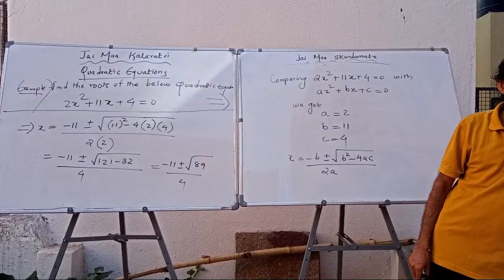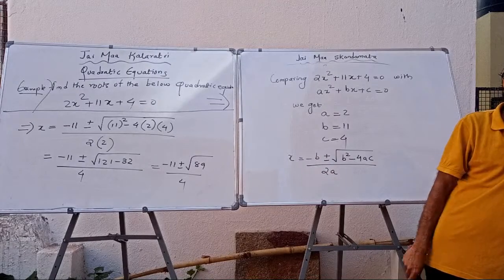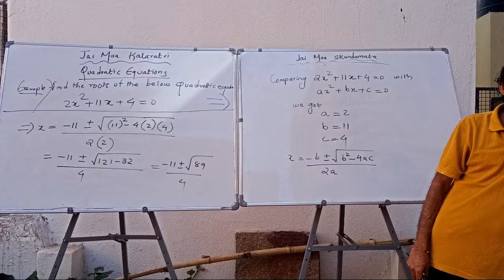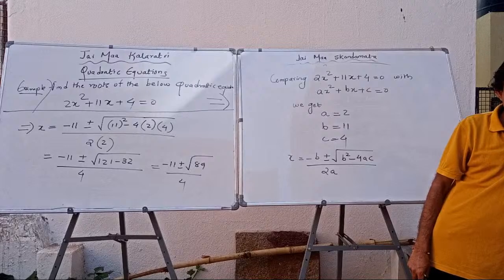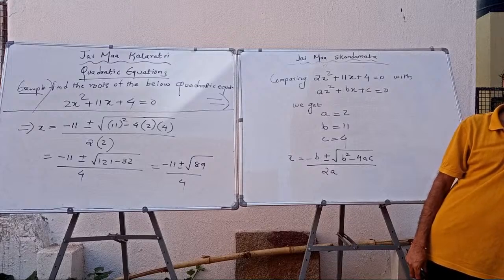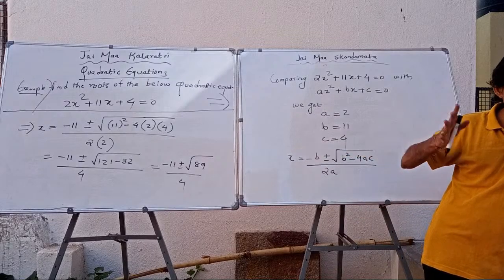Good. Square root of 100? Correct. So 89 will be between which two numbers? Nine. 9 squared is 81 and 10 squared is 100. Between 9 and 10, correct. That's all I needed.